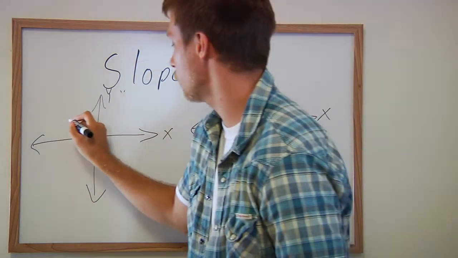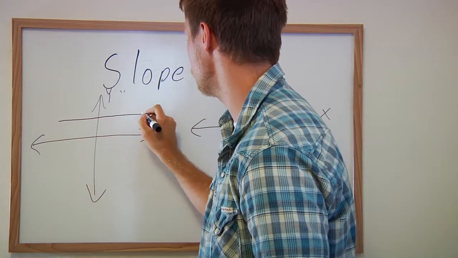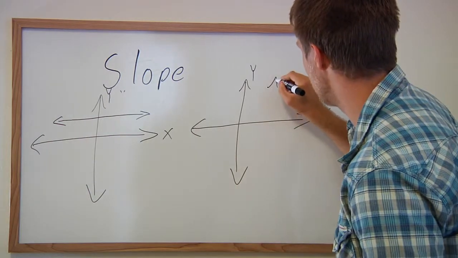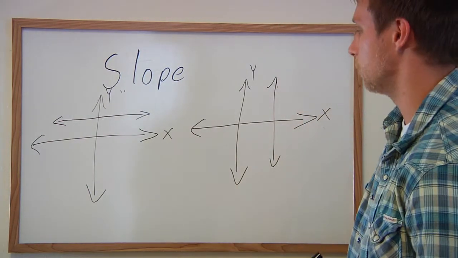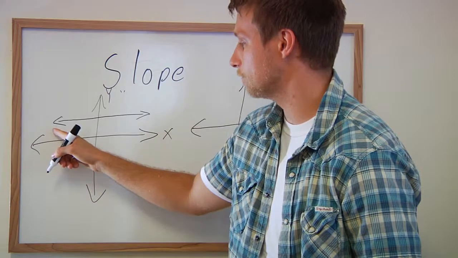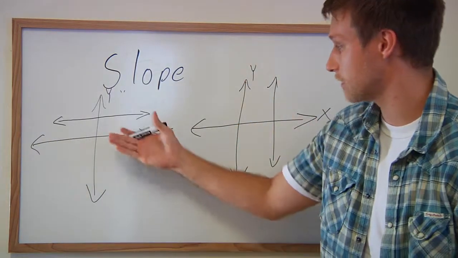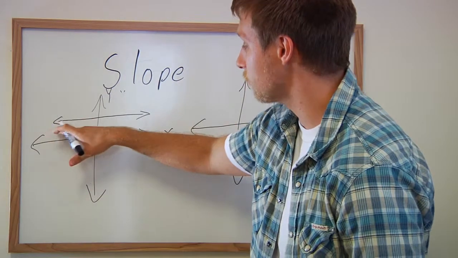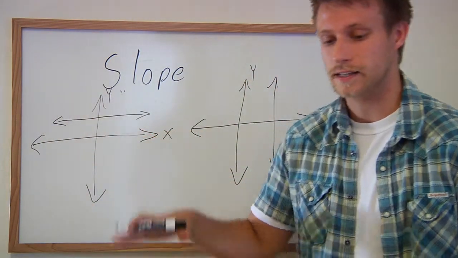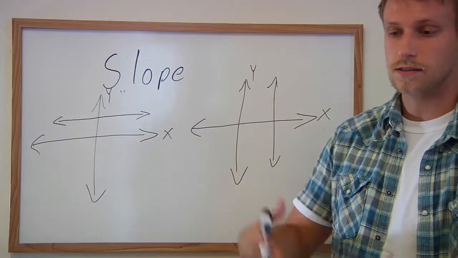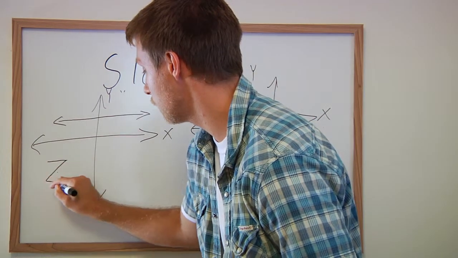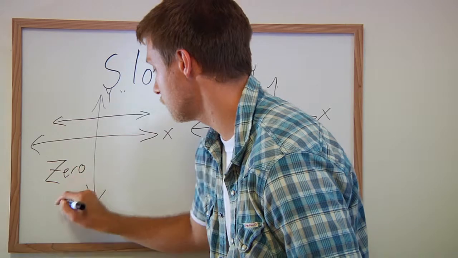I'd like to draw a straight horizontal line, and a straight vertical line. This one right here is a flat line. I drew it to the best of my ability to be flat and not positive. If it's a flat line, it's not moving. That means the slope isn't increasing, and the slope's not moving. It would give you a zero slope.